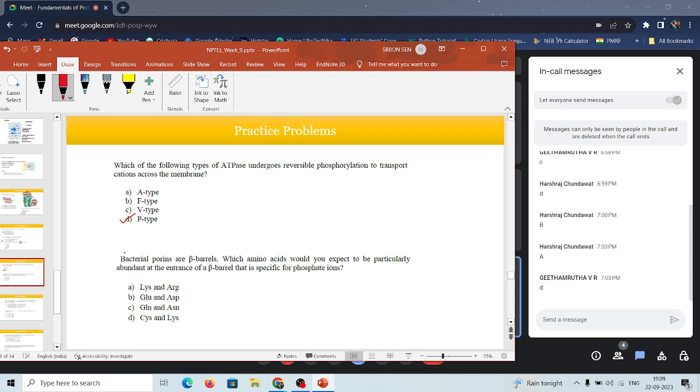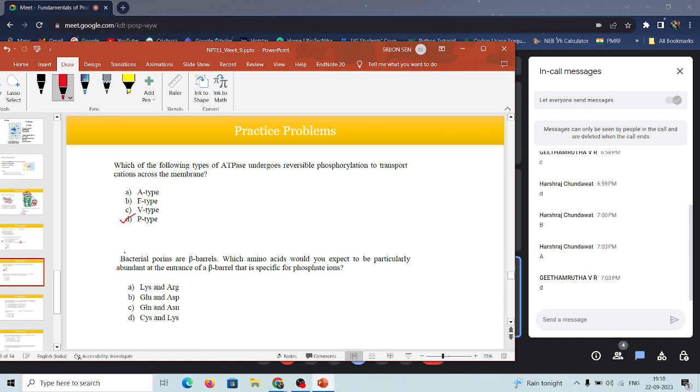This was just categorized on the basis of the different organisms they were found in and their different roles. For example, F-type ATPases have roles in oxidative phosphorylation in mitochondria and photosynthesis in chloroplasts, and they are found in mitochondria, chloroplasts, and the bacterial plasma membrane.